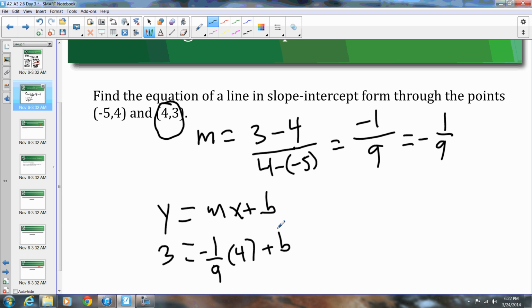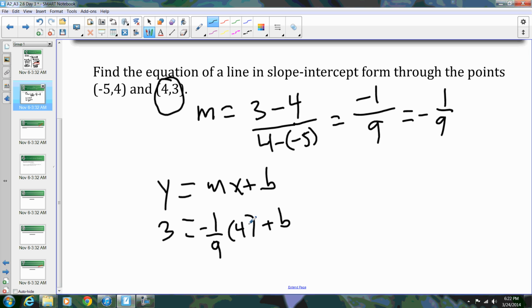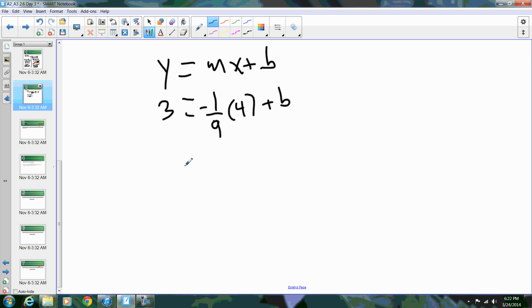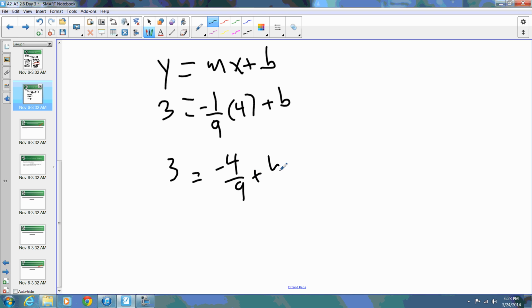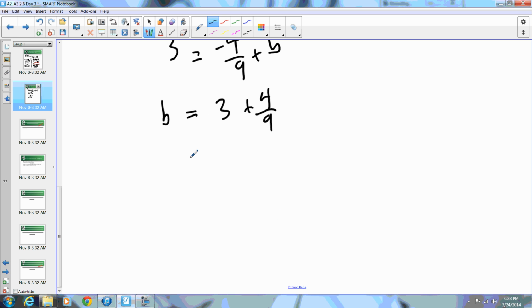Okay, so not everything is going to be super pretty. Yes, so we are going to have to deal with fractions here. When I multiply negative 1/9 times 4 on my right-hand side, I get negative 4/9 plus b. I add positive 4/9 to both sides, and I get b is equal to 3 plus 4/9. Clearly, I'm not done. I need to convert 3 to being a fraction over 9.